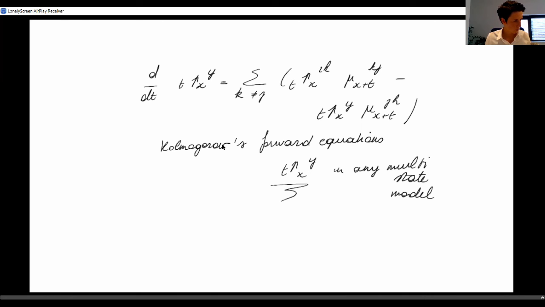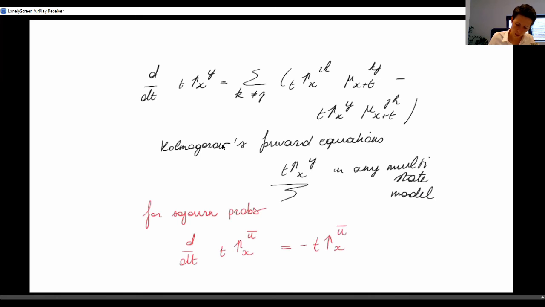This is important, and do keep in mind that for the sojourn probabilities we already had a fairly general expression, and that was that the derivative with respect to t of t p x i i-bar was equal to this guy.